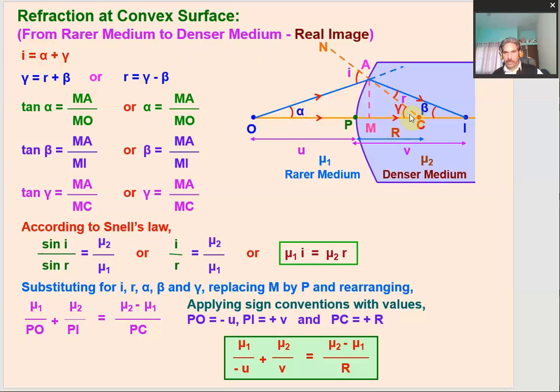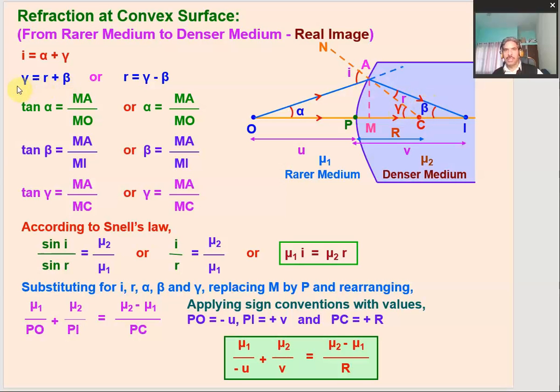Similarly, in triangle ACI, gamma will be the exterior angle, and therefore, according to the exterior angle property, this will be equal to R, which is the angle of refraction that this refracted light ray makes with the normal, plus beta. So gamma is equal to R plus beta.